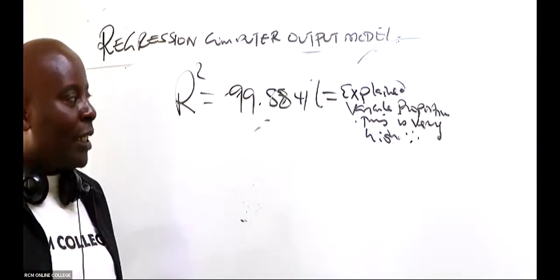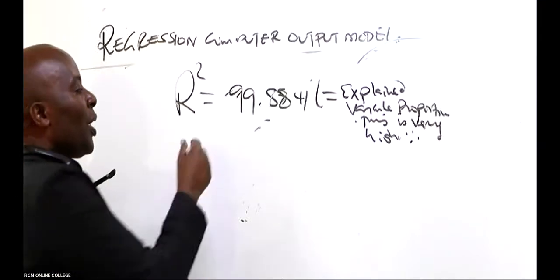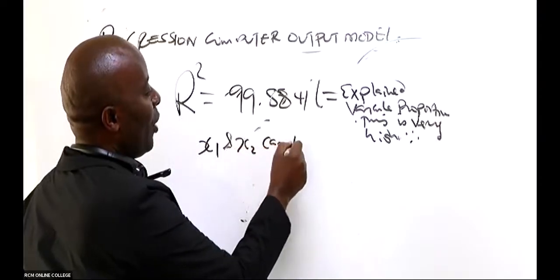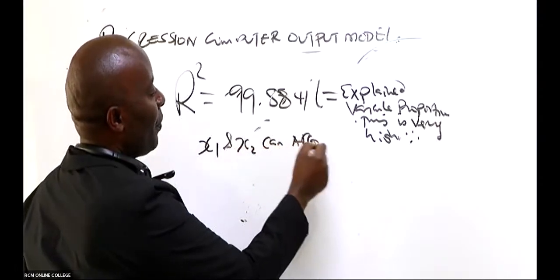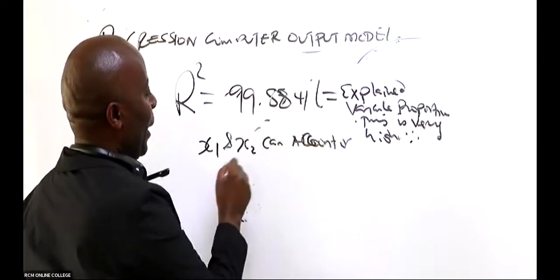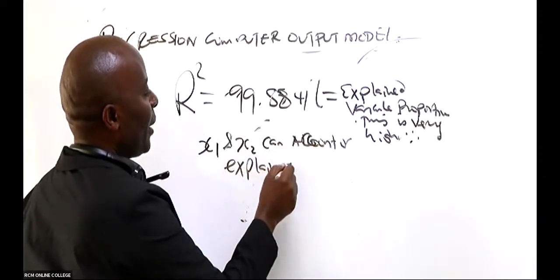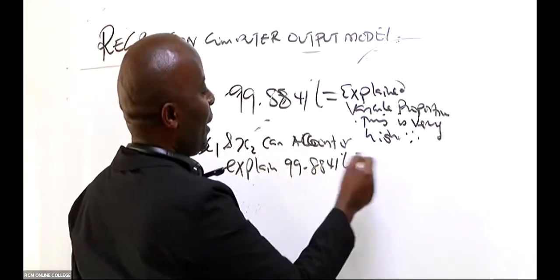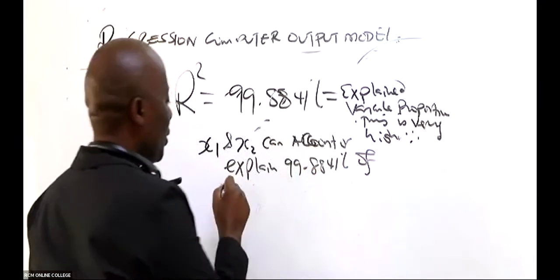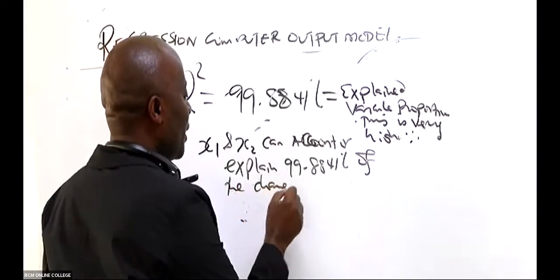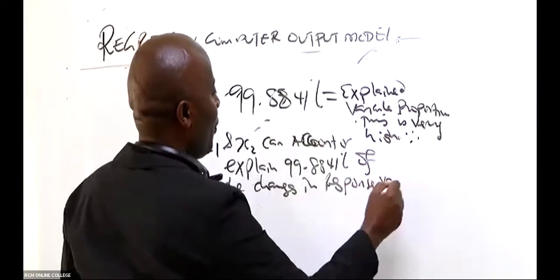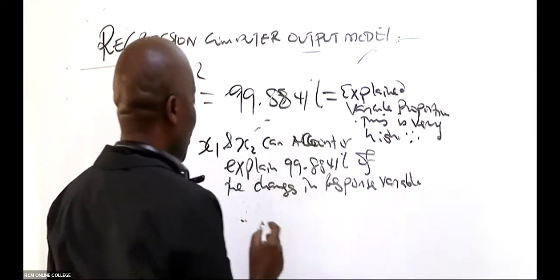But a technical person like yourselves can make a better explanation than that. What you need to tell us is that x1 and x2 can account for or explain 99.8841% of the changes in the response variable y.